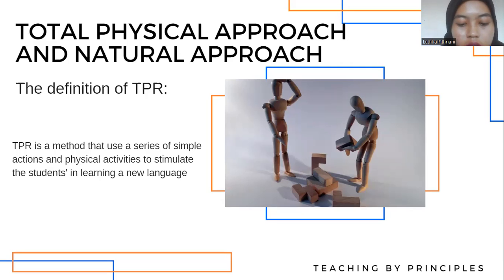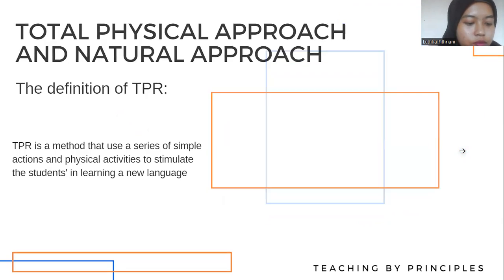James Asher claimed that memory is increased if it is stimulated through association with physical activities. So, total physical response is a method that uses a series of simple actions and physical activity to stimulate the students in learning the new language.